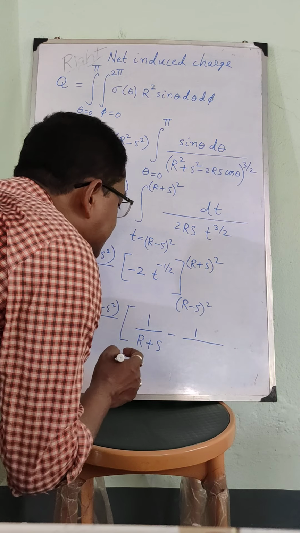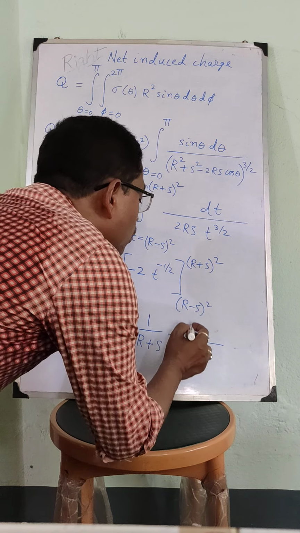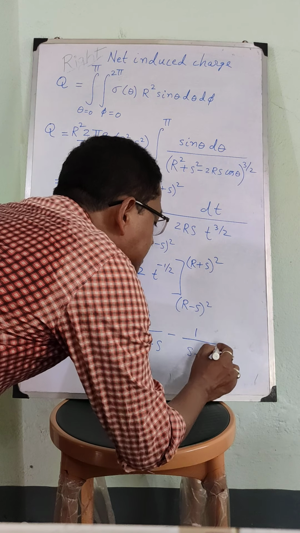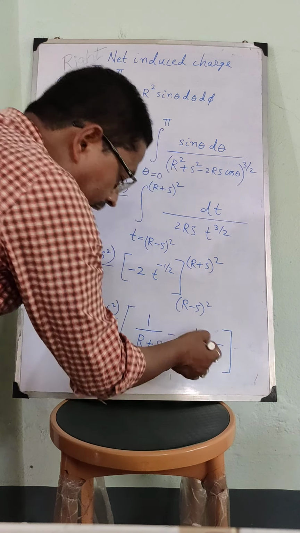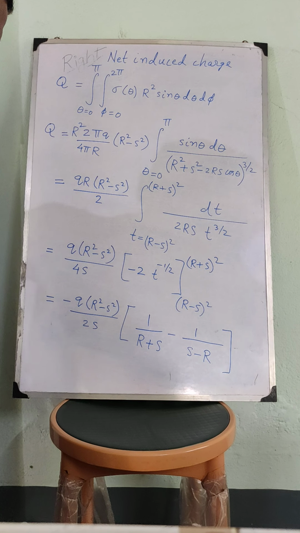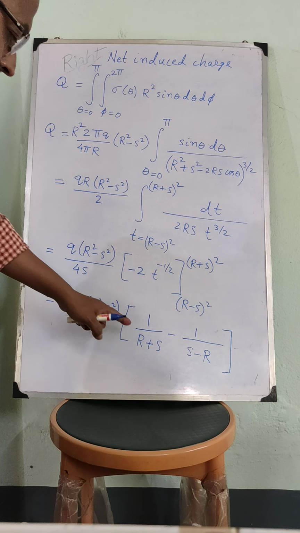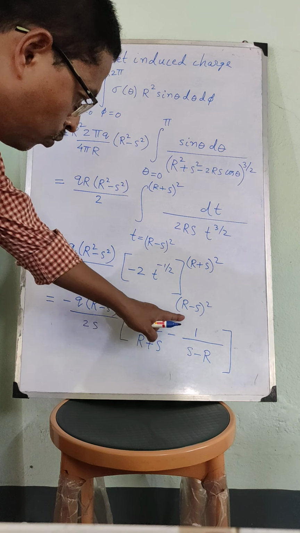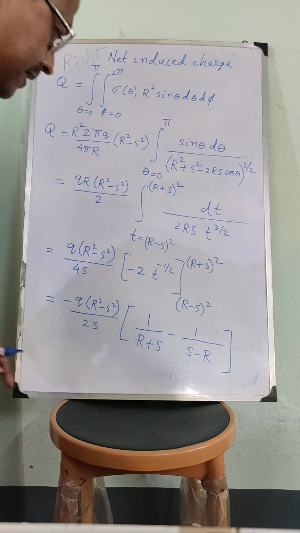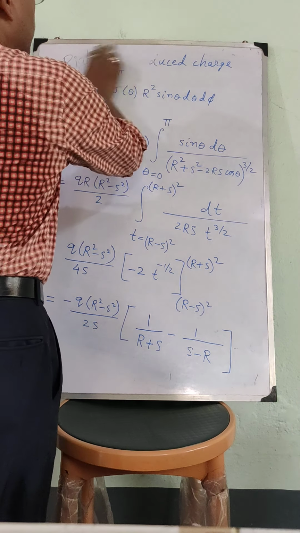Now we will see that we have to take s minus r. The reason I will clarify later. At the end I will say why I am taking s minus r, not r minus s.